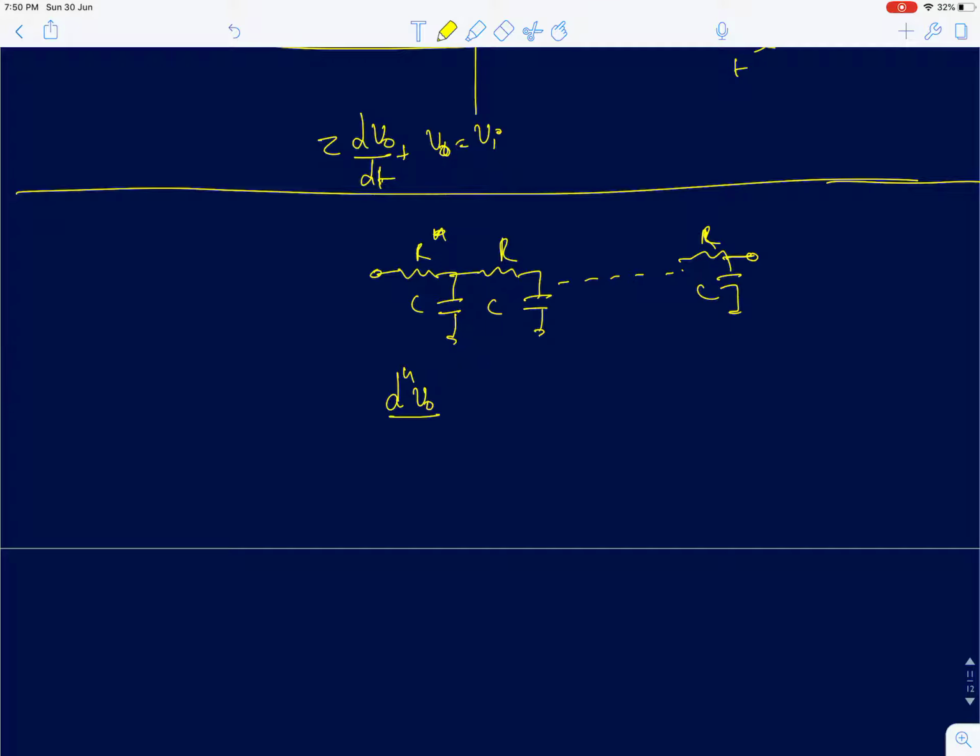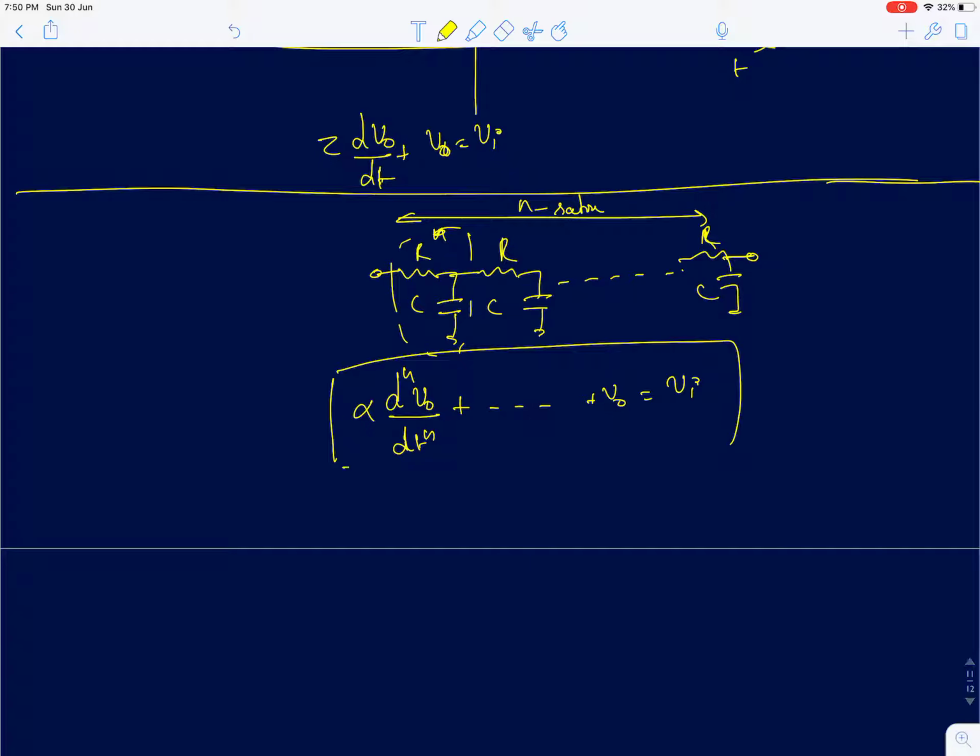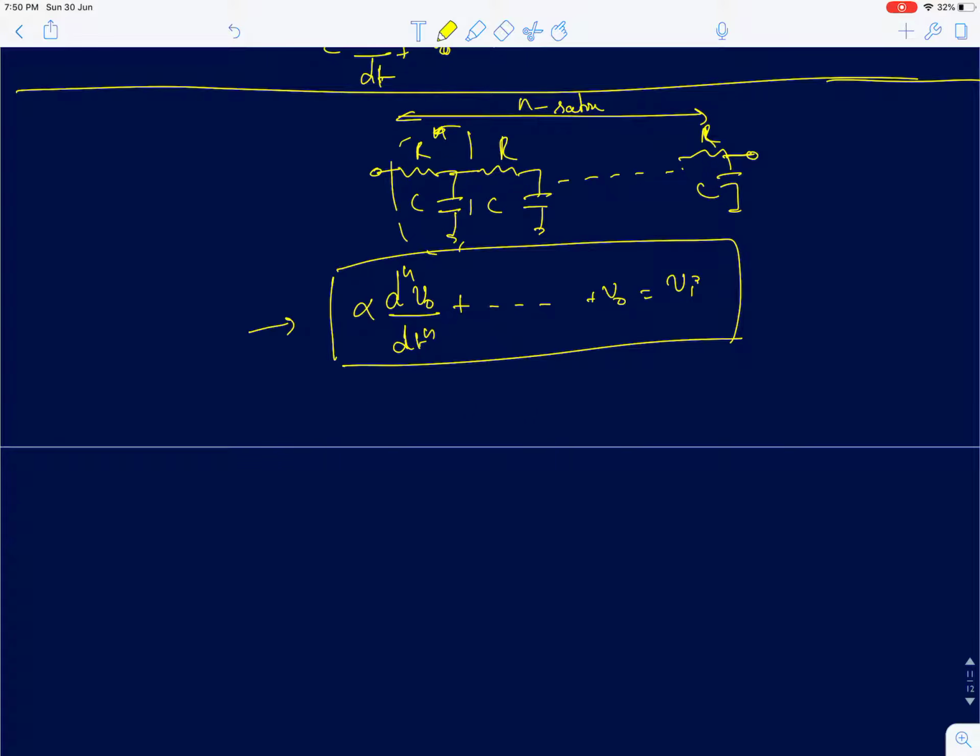There are n such sections, where each section is a simple RC circuit. You will get d to the n V0 by dt to the n, some coefficient alpha, and so on, till V0 equals Vi. Now to solve an nth order differential equation, as the order increases, the complexity of solving it also increases. So how do we resolve this?